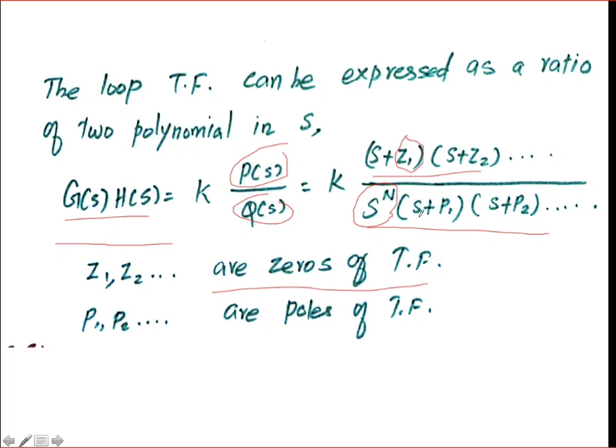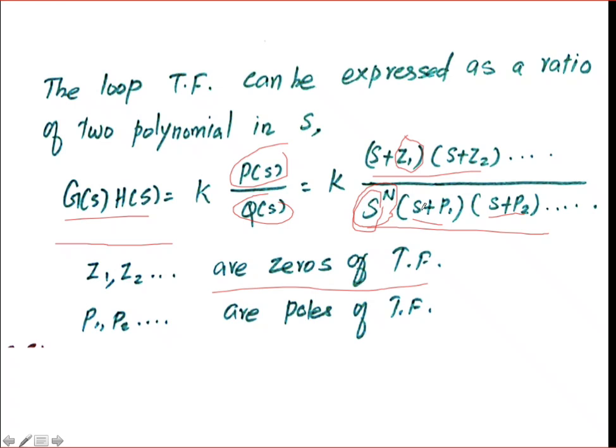Here, if you take the factor s plus p1, then s is equal to minus p1. Here s is equal to minus p2. Here s is equal to 0, that is, the pole is equal to 0. If the pole is at 0, that is s is equal to 0, then the pole is lying on the origin.